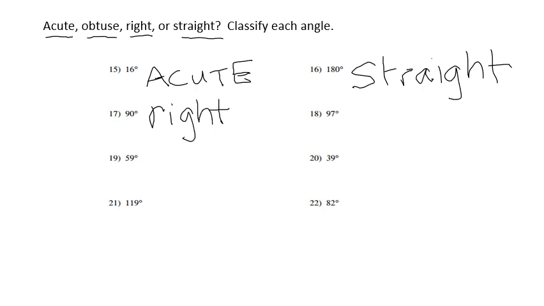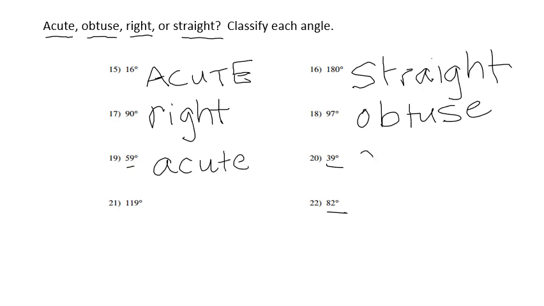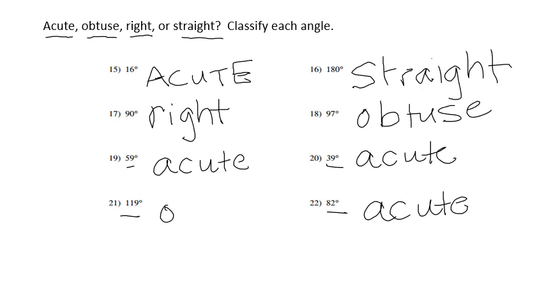Bigger than 90, but less than 180 is obtuse. Smaller than 90: acute, acute, acute. And bigger than 90, but less than 180 is obtuse. I don't think this is new. I think you guys have seen this before, but always good to review.